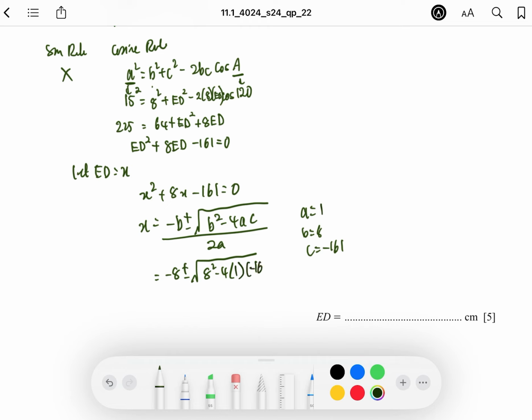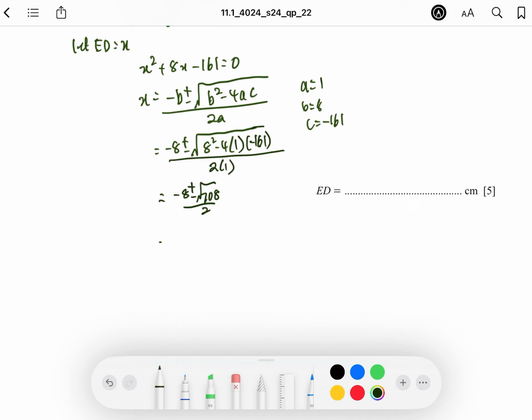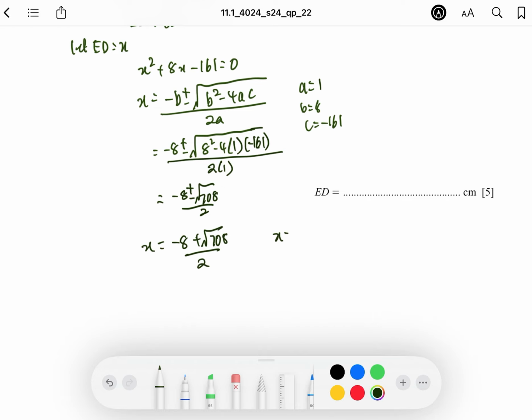Minus 4ac, minus 161, over 2a, which is 2 times 1. Using a calculator, simplify. You should get that one. The two values that you get come from either addition or subtraction.